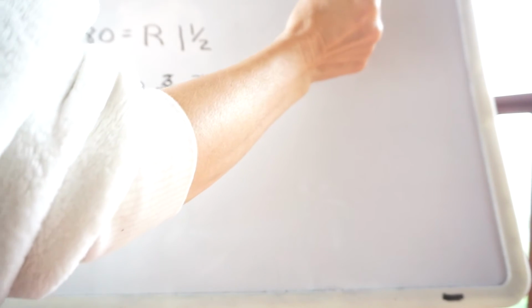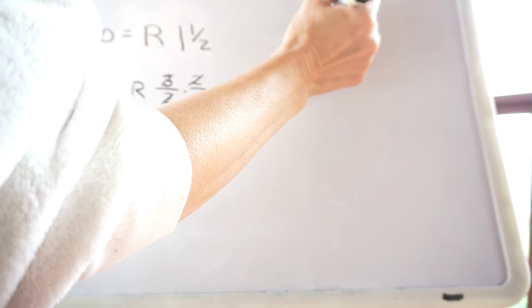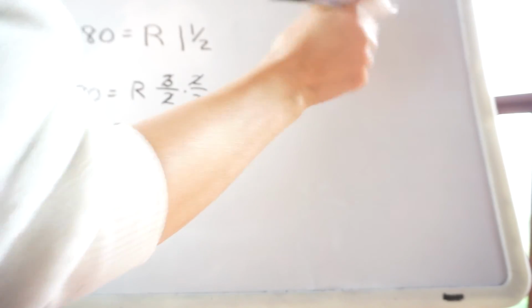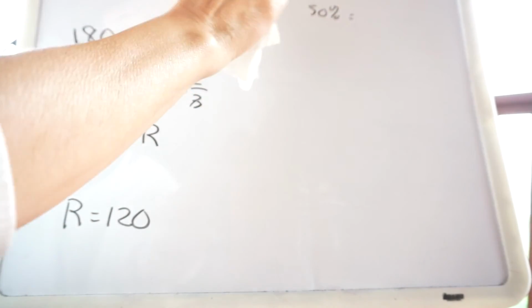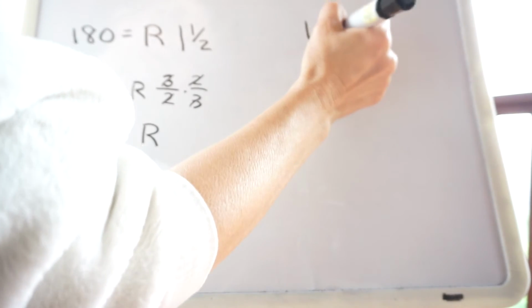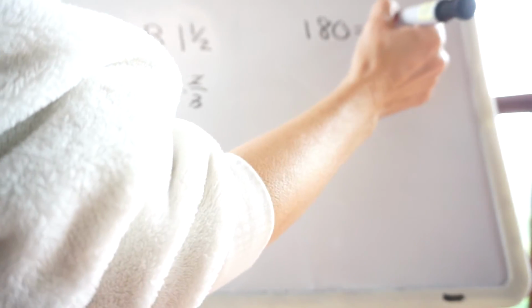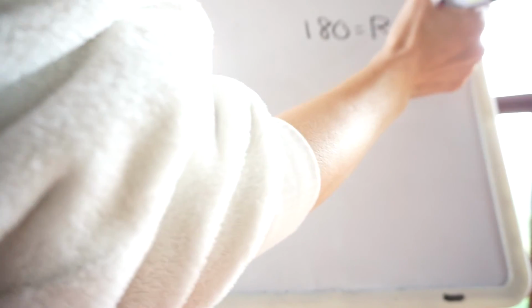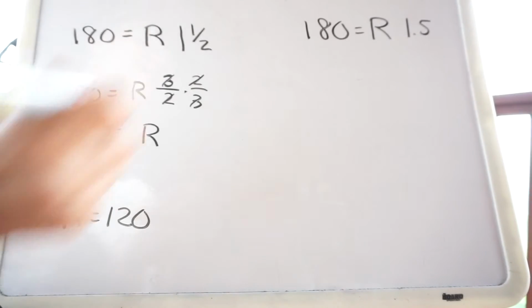And we know that 50% is half of 100, or 50% of something means half. So a half would be written as 0.5. So we're going to do that same thing. I'm going to do 180, because that's the distance, equals the rate, which we don't know, times 1.5, because that's an hour and a half.